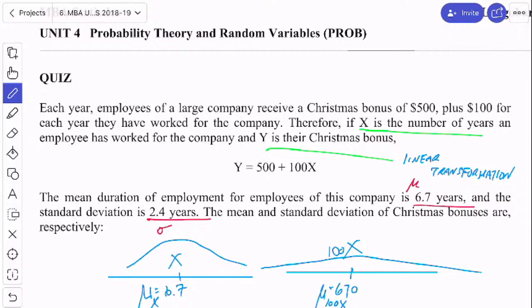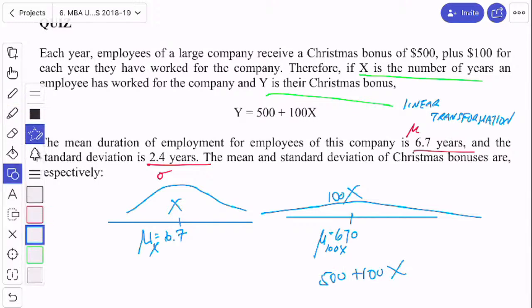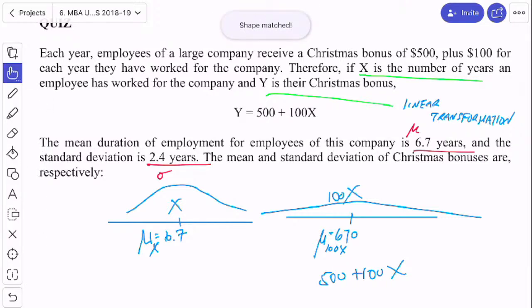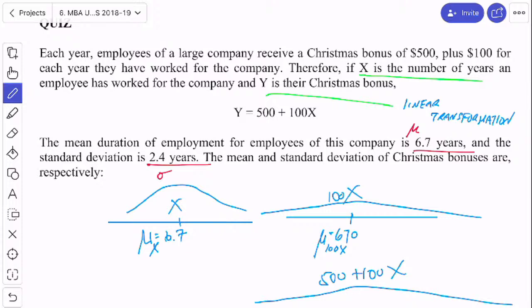What if I add 500 to every value now? I've done this, but now I'm going to add 500 to every value. So what does 500 plus 100X look like? What would be the mean?